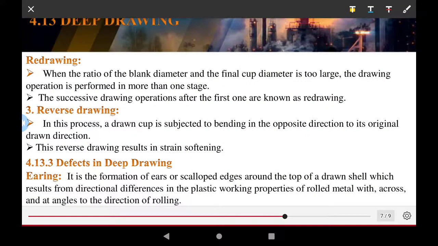Deep drawing continues. Redrawing: the drawing ratio is the ratio of the blank diameter to the final cup diameter.